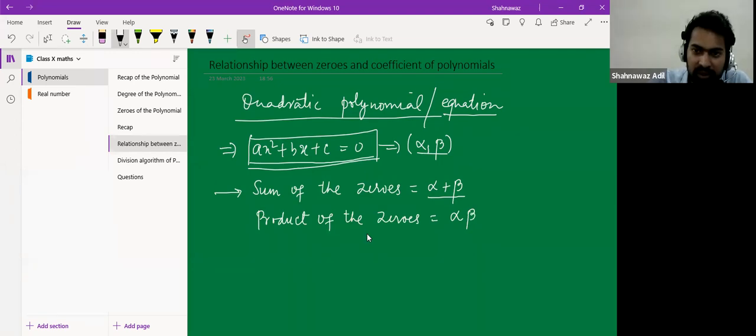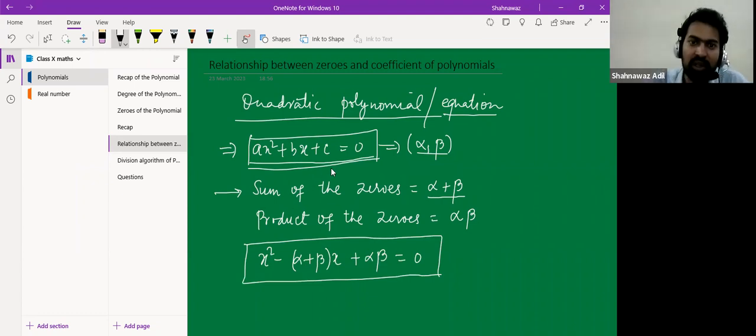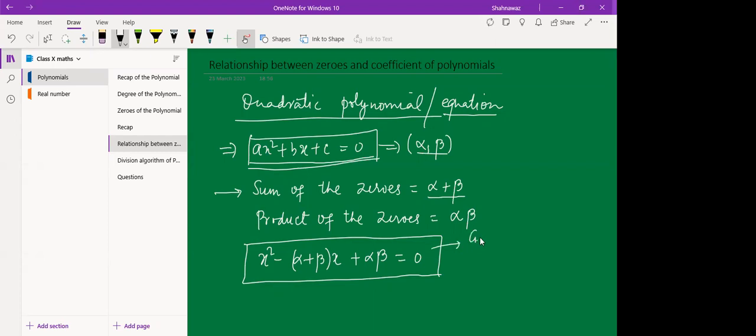So you can write any quadratic equation in the form of the sum of the zeros and the product of the zeros. And that will be x square minus (alpha plus beta) x plus alpha into beta equals 0. Understood? So either you can write it in the form of the coefficients of these polynomials, or you can write it with the help of the sum of the zeros and the product of the zeros.